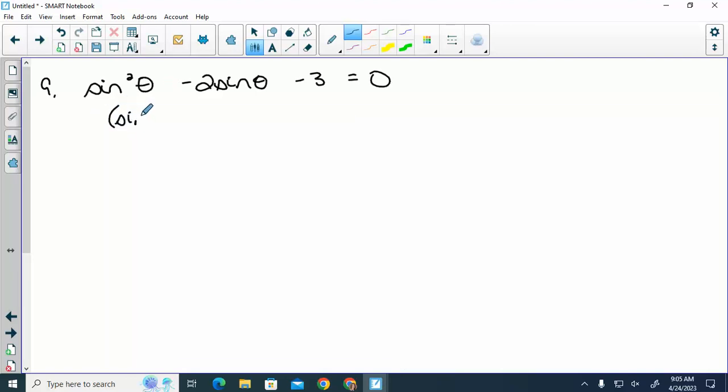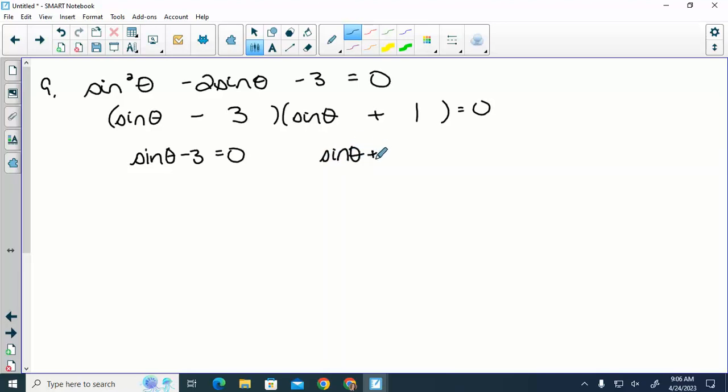Sine squared would break into sine times sine. What multiplies to a negative 3 and adds to negative 2? So then if we set each of those equal to 0, we get sine equals positive 3 or negative 1.